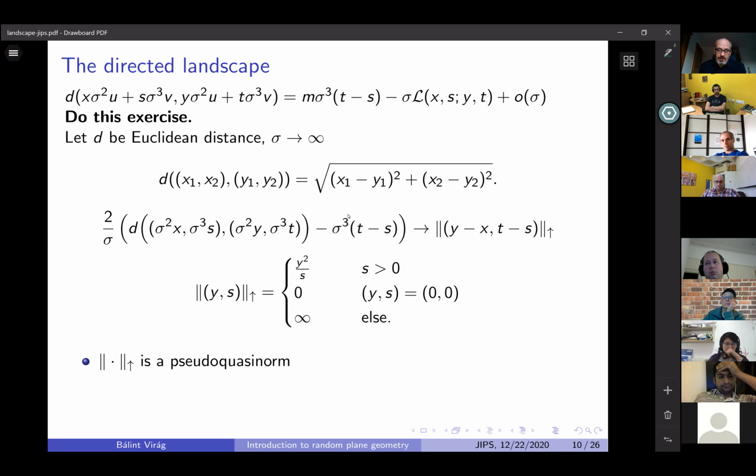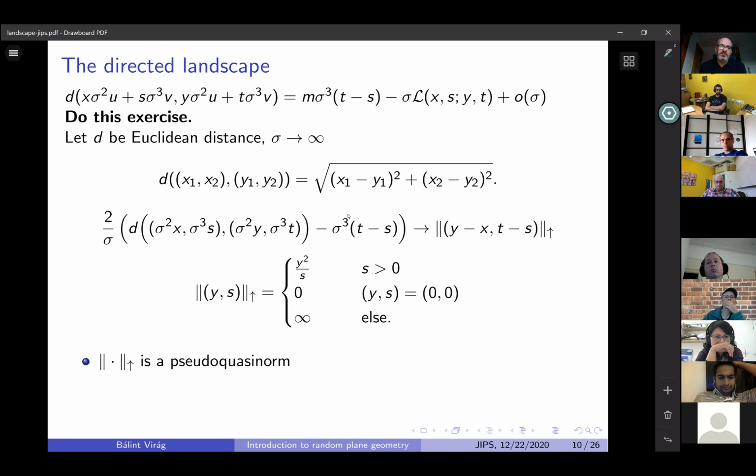And there is no symmetry of this norm. If you take minus the vector, it will not be the same. Otherwise, everything is fine. It satisfies the triangle inequality, just as you expect. And you can also define geodesics. They're going to be straight lines in this case. So this is a kind of relaxation of the idea of a metric.